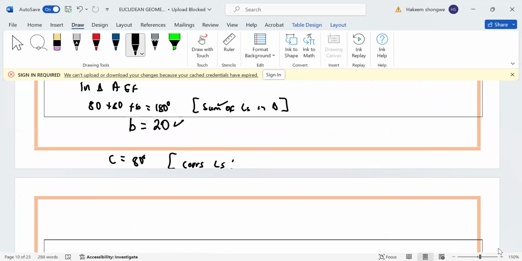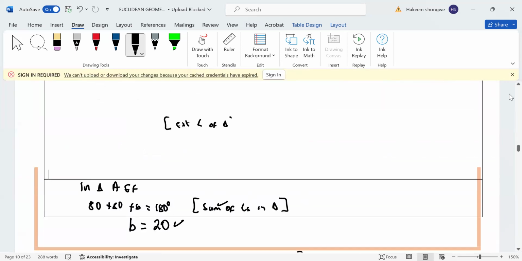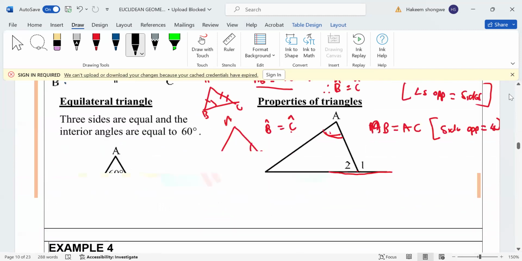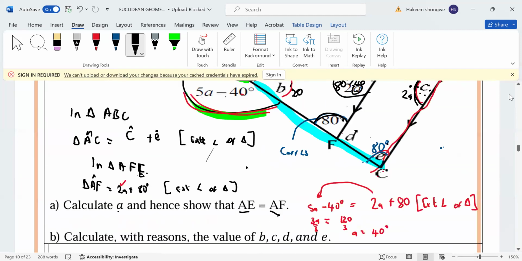Okay? What we have is our parallel lines. EF is parallel to BC.